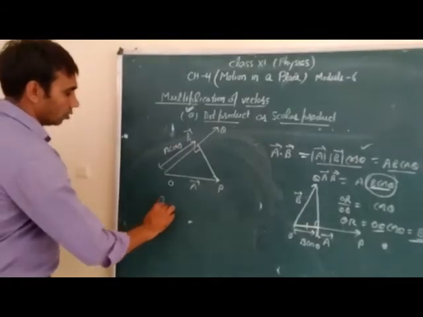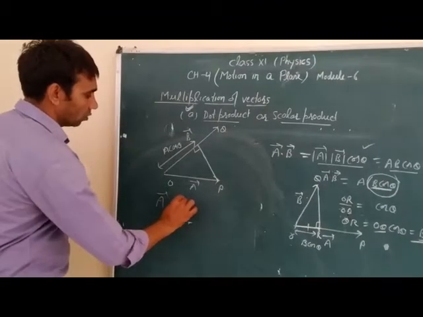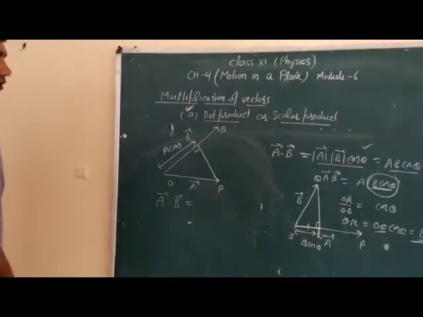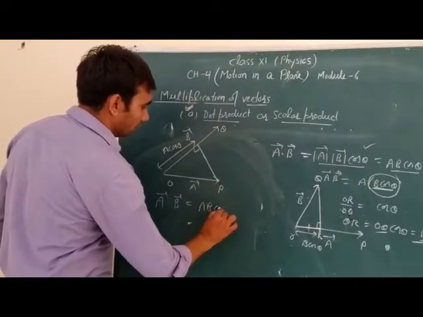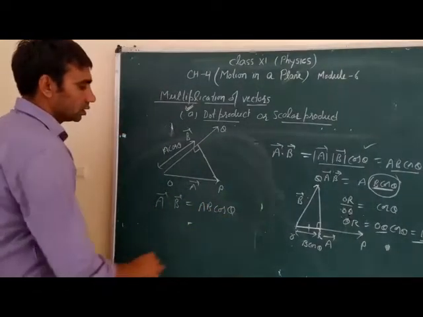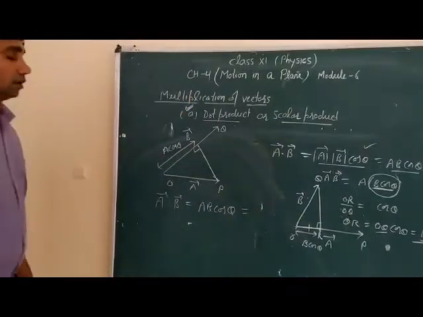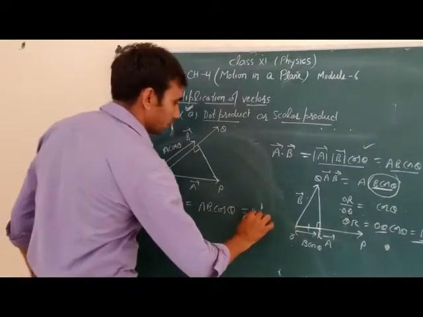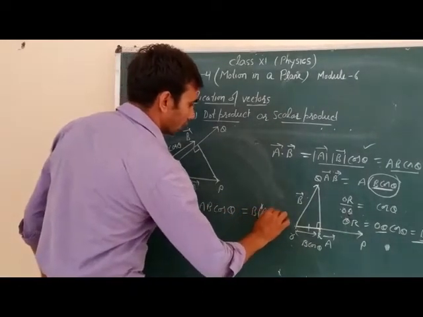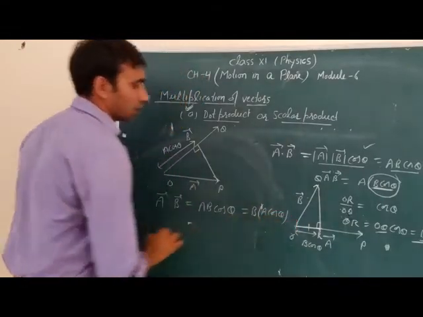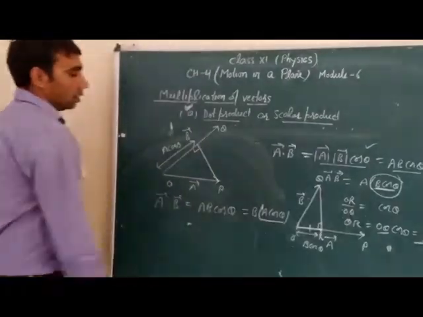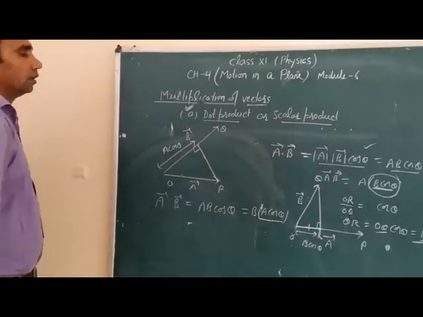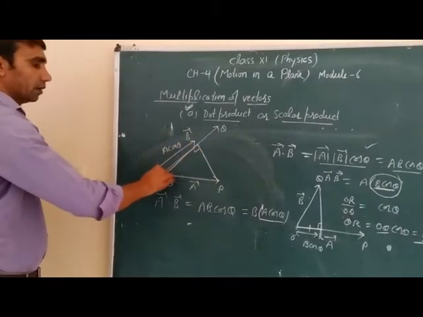So A dot B is equal to AB cos theta, which can be written as B times A cos theta, where A cos theta is the projection of vector A in the direction of vector B.